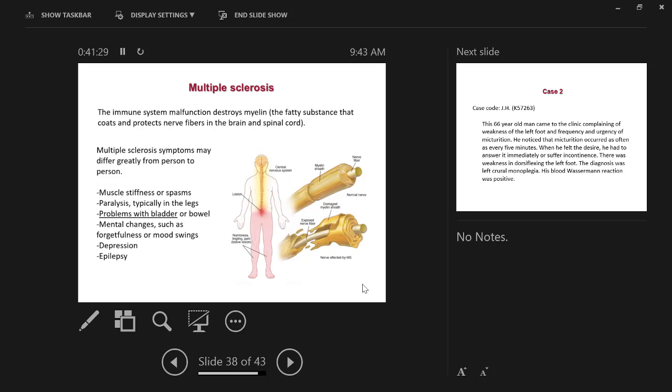That means it causes systemic symptoms, including muscle stiffness or spasm, paralysis, problems with bladder or GI, and mental changes, depression, and epilepsy. So the symptoms are not just in the bladder. You could think of this disease as a differential diagnosis.